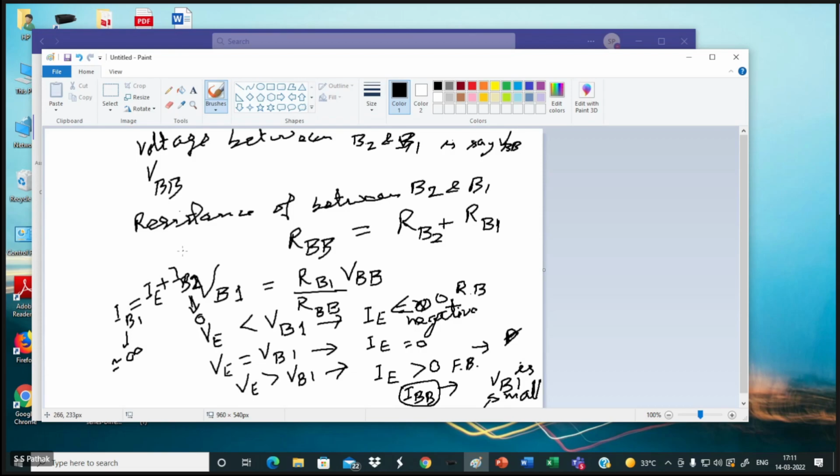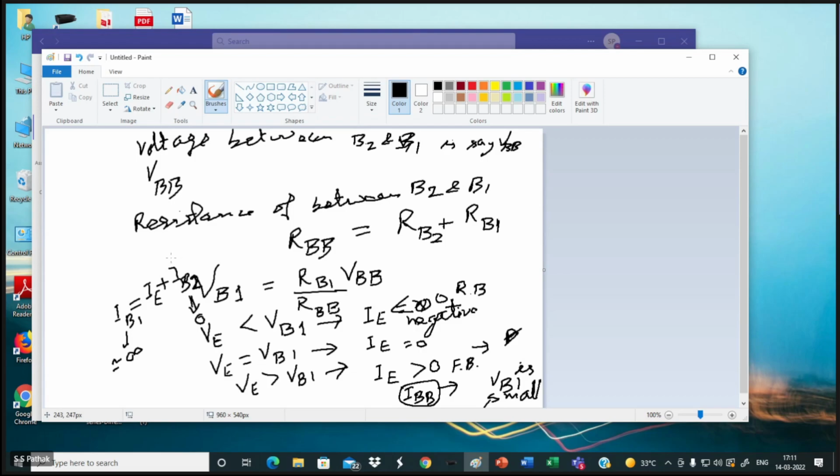This ohmic contact will have the same amount of drop, that is not going to change. So if IB1 becomes large, IB2 becomes 0.